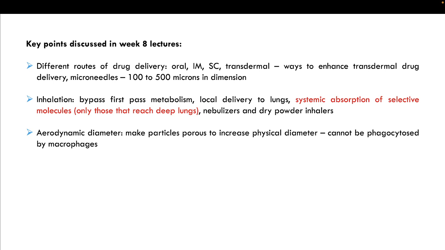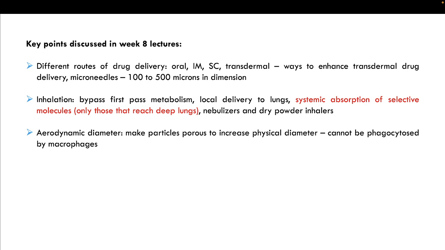So if your particle is within the 1 to 5 micron range, your macrophages are very efficient in phagocytosing them. They will completely take it inside and destroy it. So your drug will be destroyed. So you don't want that. You want your particle to be within 1 to 5 micron, but you don't want them to be phagocytosed by the macrophages. So what you can do, you can make use of this aerodynamic diameter concept.